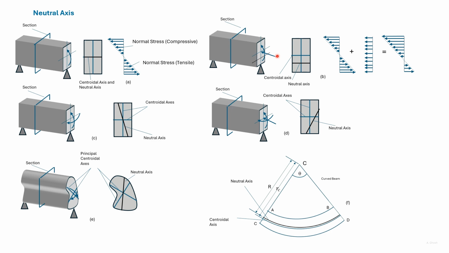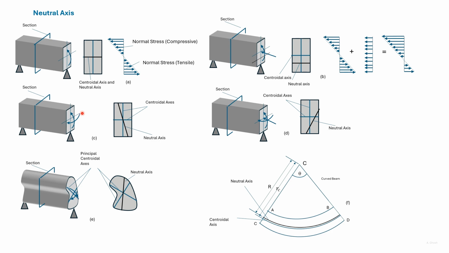Since the axial force acting is compressive, with compressive stress, the neutral axis has moved downwards. If this axial force were tensile, then the neutral axis would have moved upwards. The neutral axis does not coincide with the centroidal axis but stays parallel.